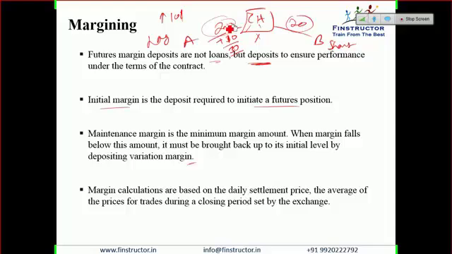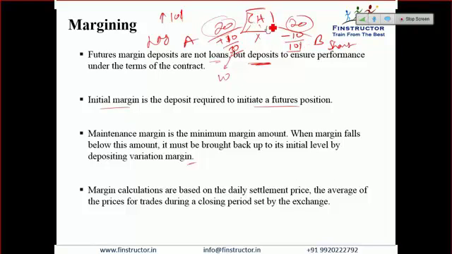B has lost $10. So B's margin is now not 20 because he's also lost $10. So his outstanding balance with the exchange is only $10. So in futures, A will be allowed to withdraw $10 from the margin account.